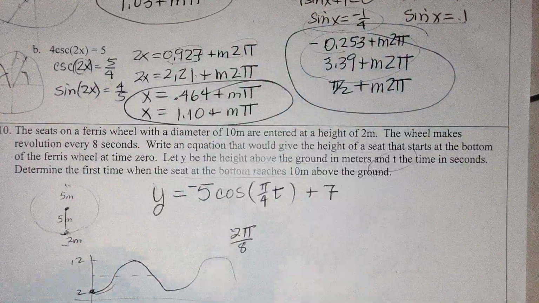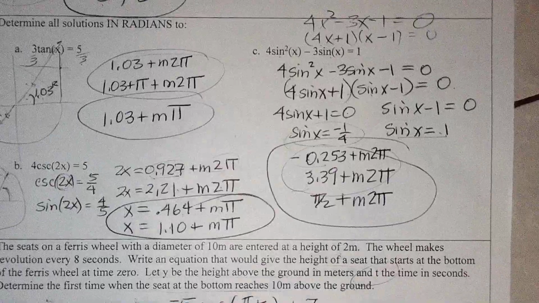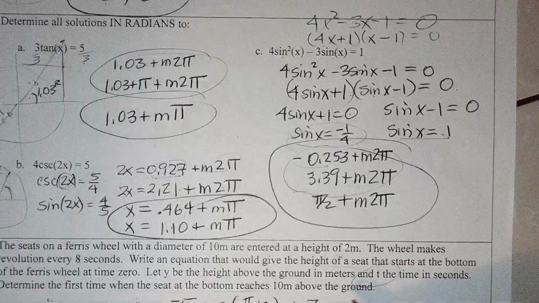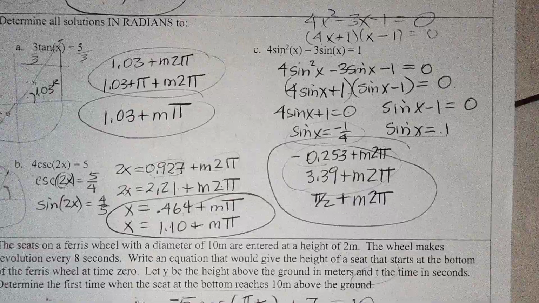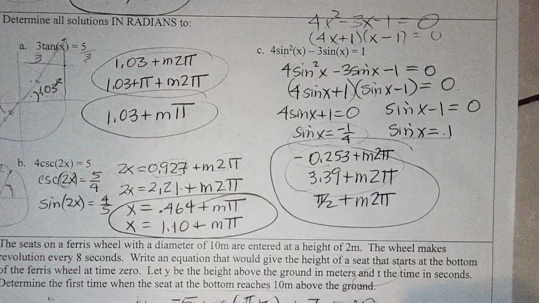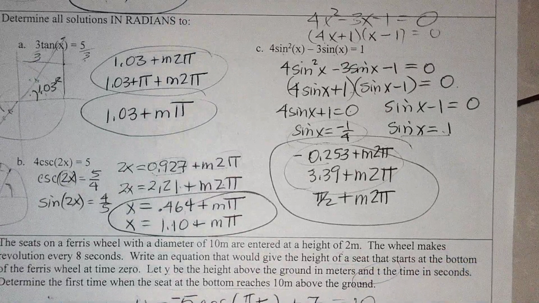Now, we could do just like we did on this or this or this or any of the other problems. If we said this is 10, we could subtract 7, divide by -5, do the cosine inverse, and then that. I'll go ahead and do that.